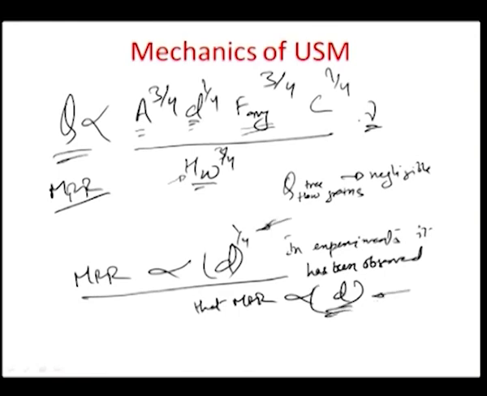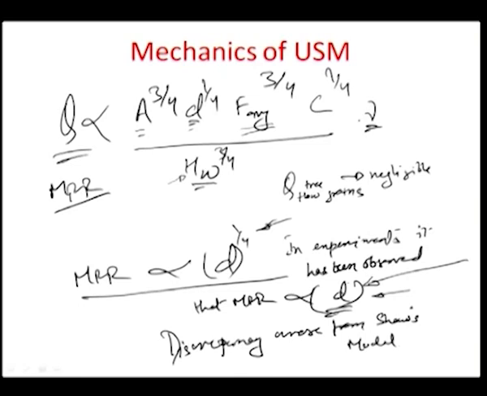So this was a discrepancy that arose from the Shaw's model, because of which some explanation needed to be given, so that this experimental data, which comes out to be proportional to d, could be fit with the data theoretically derived by the Shaw's model.